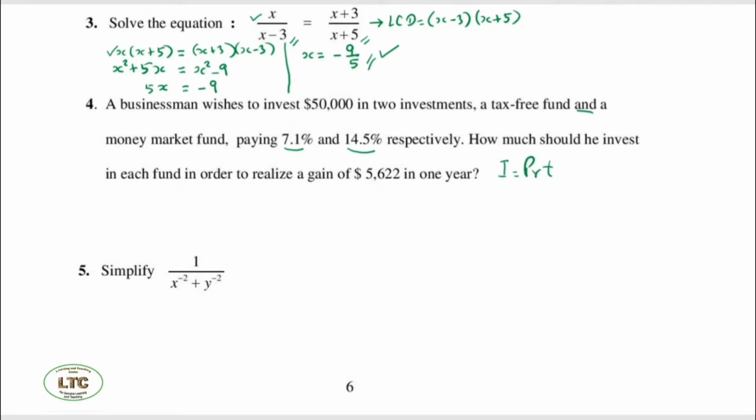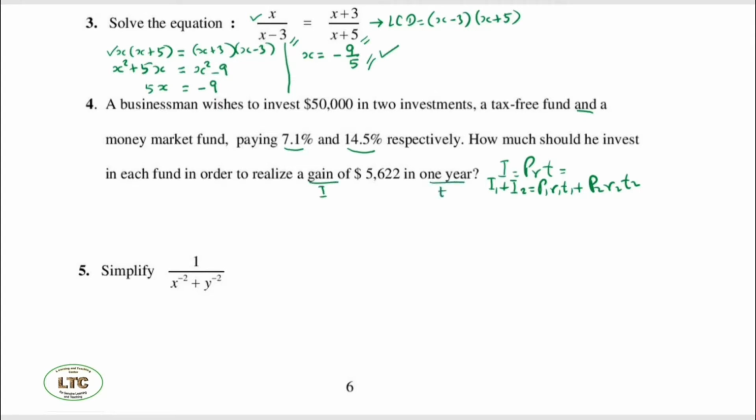Two investments, I1 plus I2. Interest from the first investment, interest from the second investment is P1 R1 T1 plus P2 R2 T2 separately. How much should he invest in each fund in order to realize the gain, meaning interest?